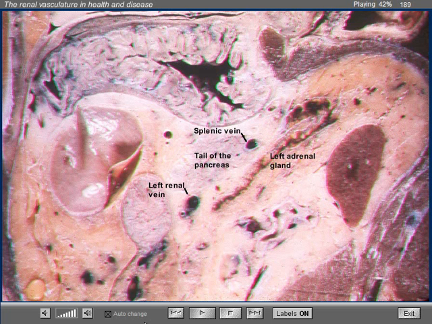What we have tried to demonstrate is the extensive venous connections of the pancreas with organs such as the spleen, left adrenal gland, and left kidney. Also to emphasize the proximity of the left renal vein to the body and tail of the pancreas.